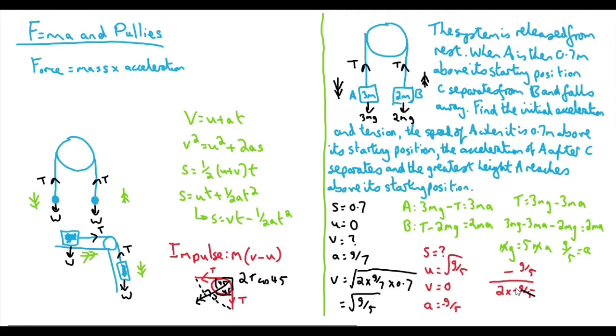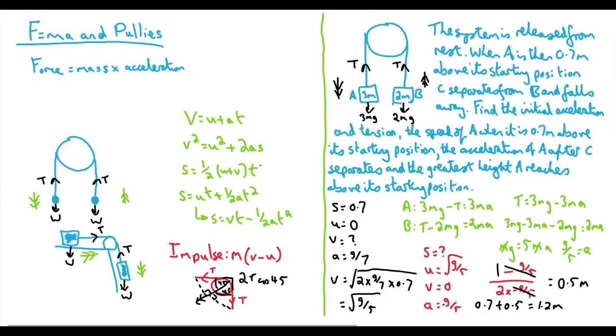The minus g over 5s will cancel with each other, just leaving you with a 1 on the top, and so you are left with a half, or 0.5 meters, once C has separated. But again, just to bear in mind, it's the greatest height above its starting position. A had already risen 0.7 meters before C separated. So the greatest height above its start is actually 0.7, add the 0.5 to give you a total of 1.2 meters.